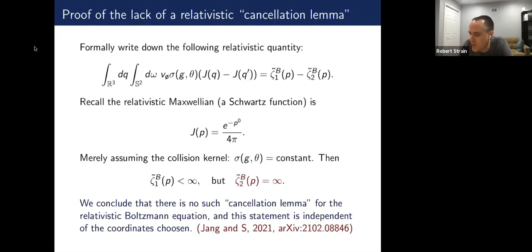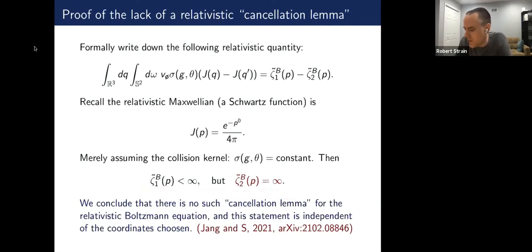But if you merely assume that the kernel sigma is constant, which is a very mild assumption, and you can prove this in greater generality too, then it happens to be the case that zeta tilde 1 is finite, but zeta tilde 2 is infinity. This directly implies that there cannot be a cancellation lemma for the relativistic Boltzmann equation, because if there were a cancellation lemma, then this could not be true.